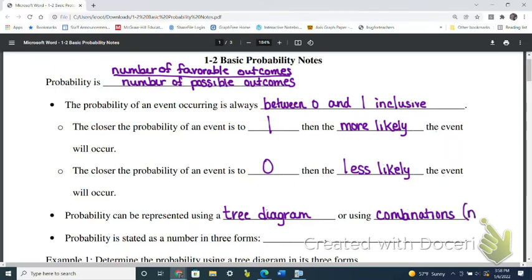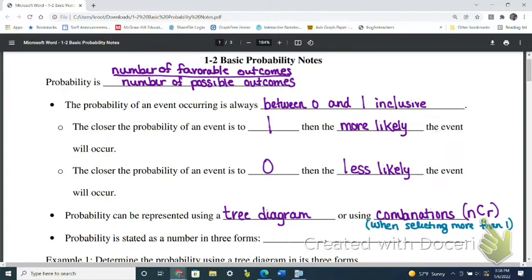Remember, combinations is your nCr. So combination is when selecting more than one. And what this means is, say you're selecting cards out of a deck, you pull 2 cards.